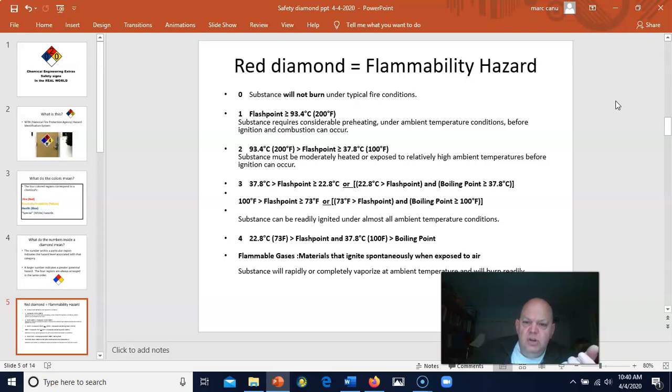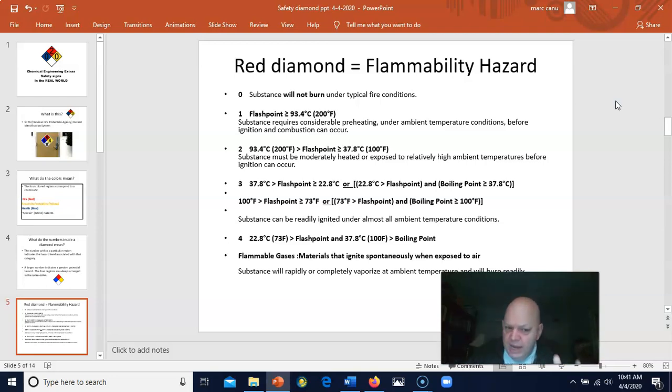And this is where you deal with flammable gases, materials that ignite spontaneously when exposed to the air. As opposed to level 3, where it can be readily ignited, at 4 it's spontaneously igniting. In other words, the moment it comes in contact with air, it just goes boom.